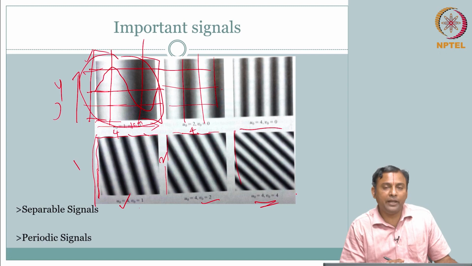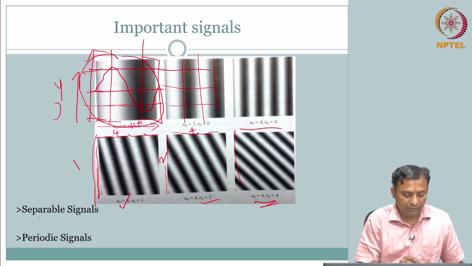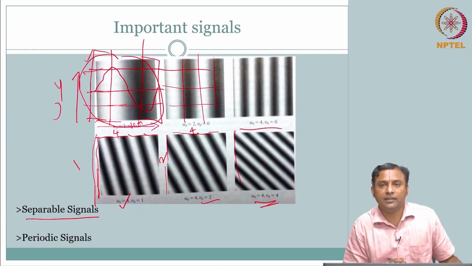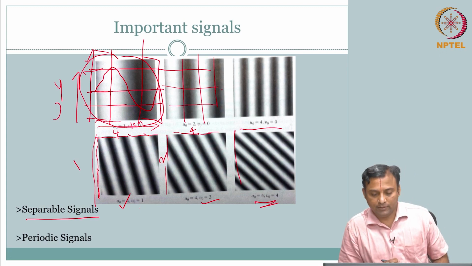Okay. Before we complete the signals part of it, we need to touch upon two characteristics of certain signals which can be very helpful to work with. So, separable signals. What are separable signals?